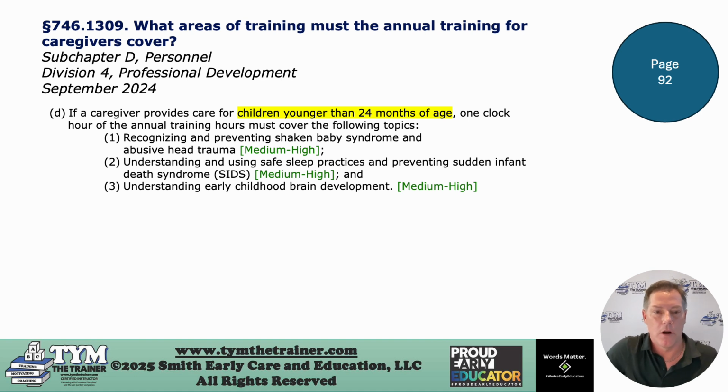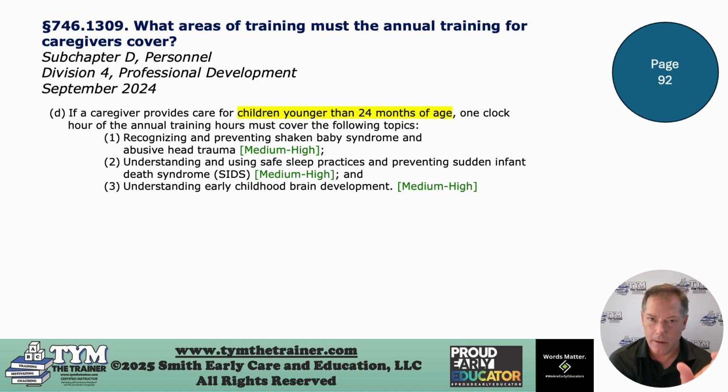If you are working with children younger than 24 months of age, then at least 1 hour of your annual training must be in recognizing and preventing shaken baby syndrome and abusive head trauma, along with understanding and using safe sleep practices and preventing sudden infant death syndrome, followed by understanding early childhood brain development.